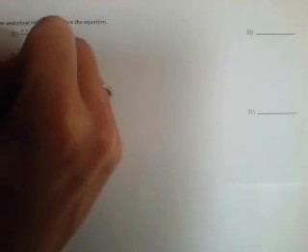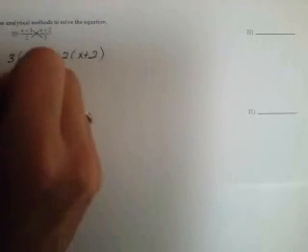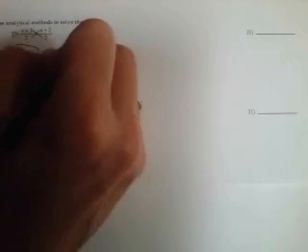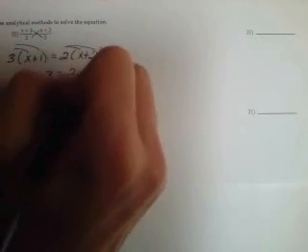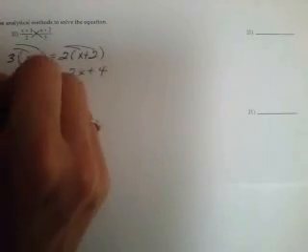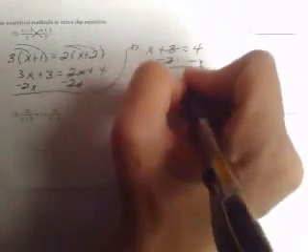3 times x plus 1 is equal to 2 times x plus 2. So I get 3x plus 3 as I distribute, and 2x plus 4. I'm going to subtract 2x from both sides. So I'm getting x plus 3 equals 4, minus 3 from both sides, and I'm getting x equal to 1.